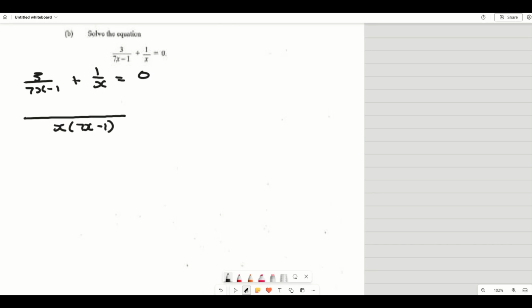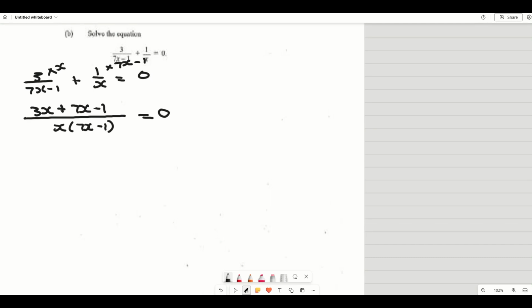That's to find the LCM. 7x minus 1 into this would be x times, multiplying 3 by x, and then x into this would be, you multiply this by 7x minus 1. So it's 3x plus 7x minus 1. And this is all equal to 0.